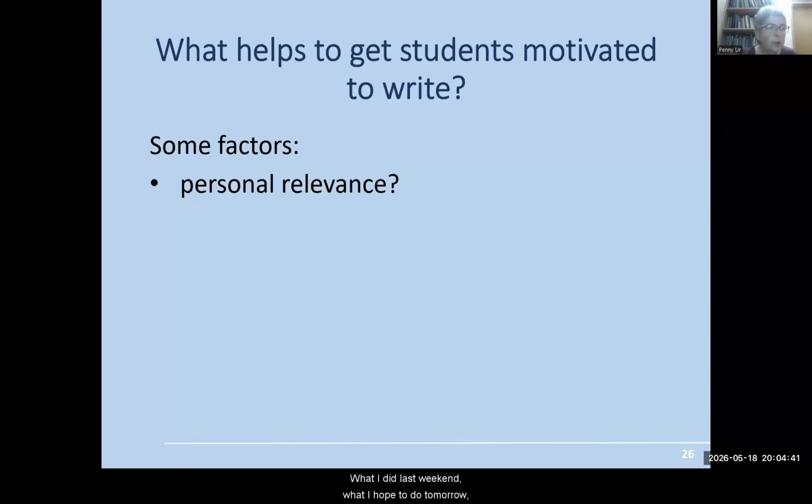What I did last weekend, what I hope to do tomorrow, what I do every day. You know, this practice of the present simple in younger grades. They're all very personal, but they are not interesting. So that's not enough.